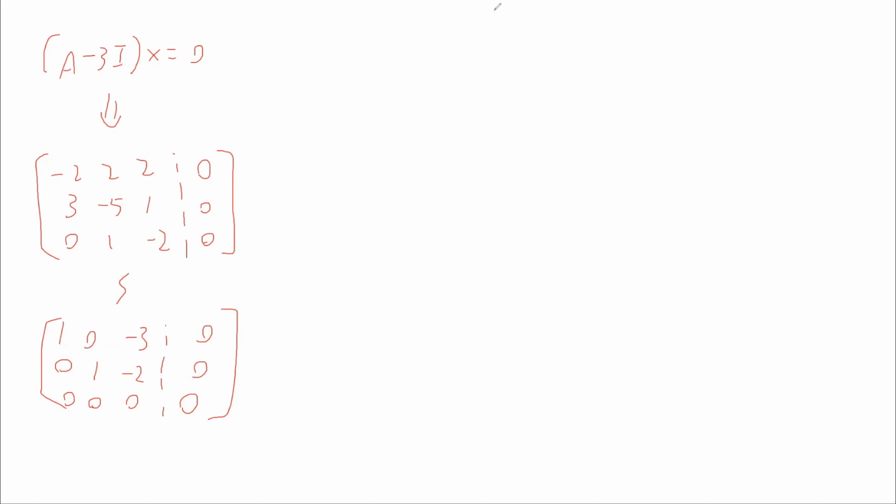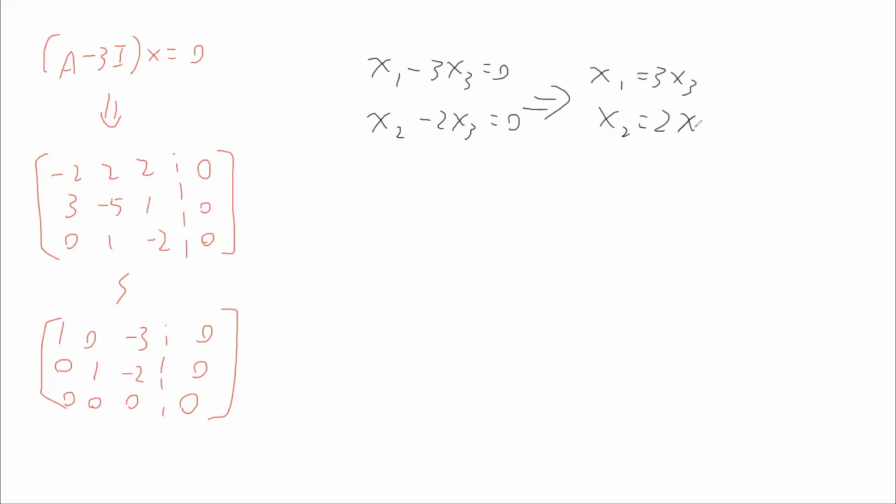From the first equation, we can say that x1 minus 3x3 is equal to 0, and x2 minus 2x3 is equal to 0. So in this case, we actually have a free variable, which is x3. To rewrite this, x1 is equal to 3x3, and x2 is equal to 2x3.